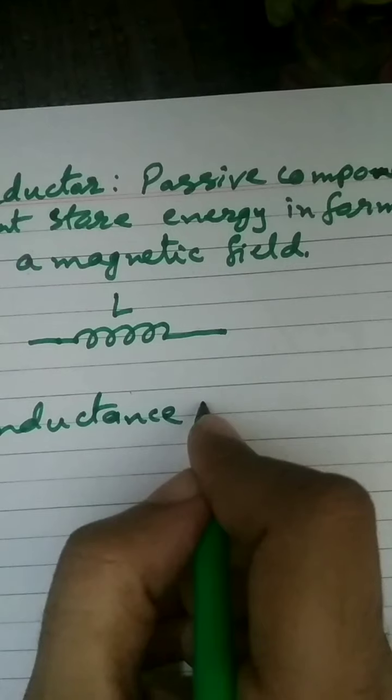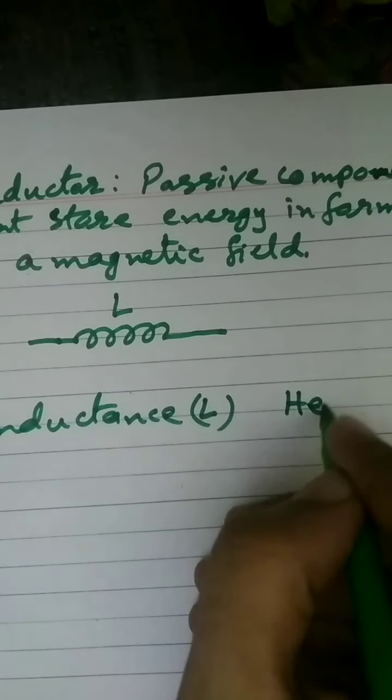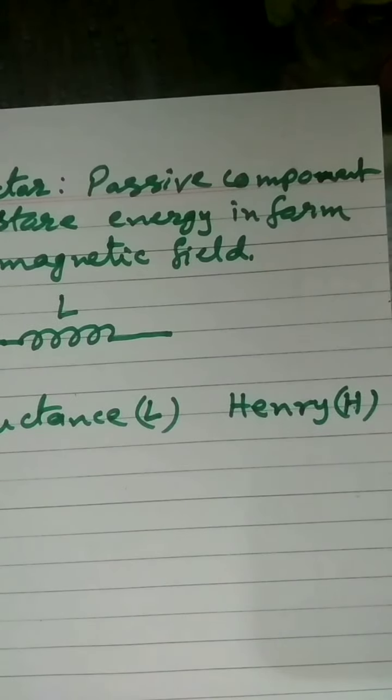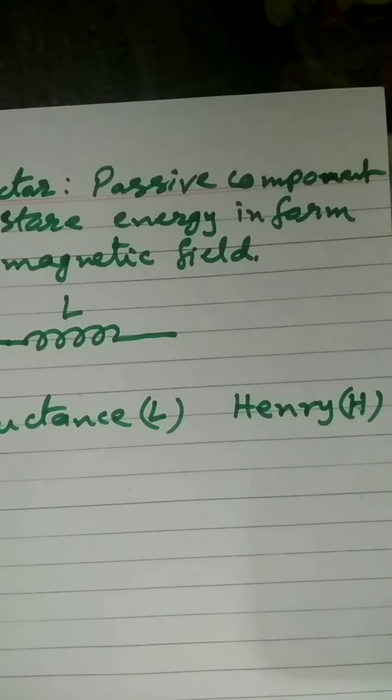It is represented by the symbol L and the unit is called Henry. The inductance is directly proportional to the number of turns in the coil.